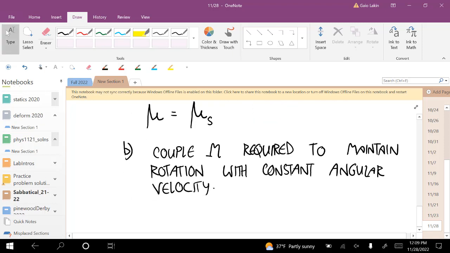In that case, when you draw your free body diagram, the thing is rotating, and so your coefficient of friction would be a kinetic coefficient of friction. So if you're given the static and the kinetic coefficients of friction, then you have to use the wording of the problem to figure out which one you're using. But other than that, the math is all exactly the same.